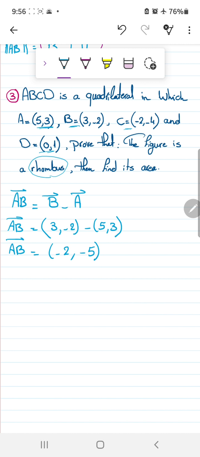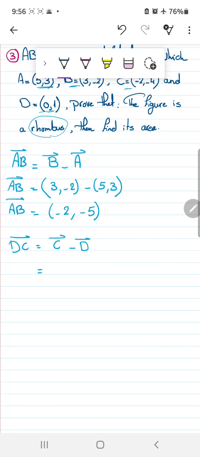Okay. Get DC equals C minus D. So C equals (-2, -4) minus D, which is (0, 1). So -2 minus 0 equals -2, and -4 minus 1 will be -5.